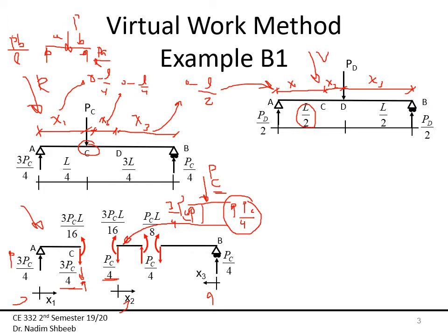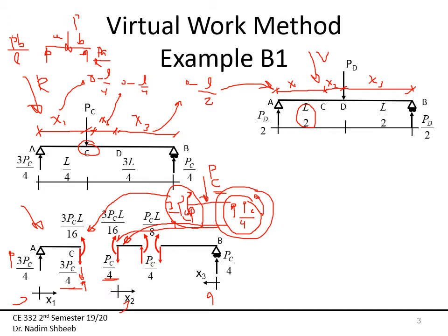Now if I close this section with this, they're going to be equal, and I'm going to close this section with this, and now these are going to be equal. And obviously the moments are also present. This is going to be the moment like that, and this is going to be the moment like this.